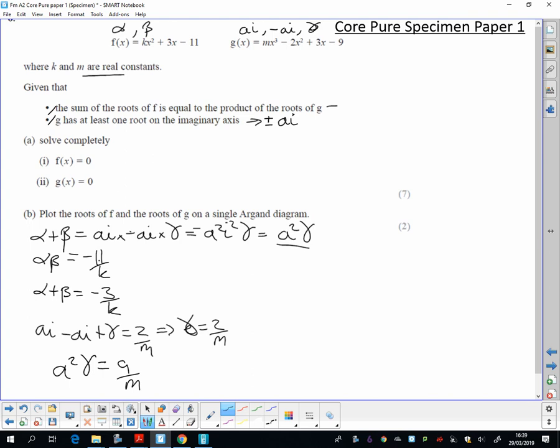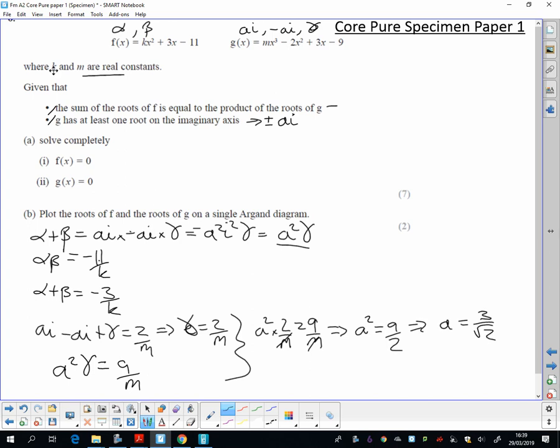So if we combine these two, we've got alpha squared times gamma, where we know that gamma is 2 over m, is equal to 9 over m. So we can cancel all that out, and sorry, that was a squared. We can get that a squared is 9 over 2. So a is 3 over root 2.